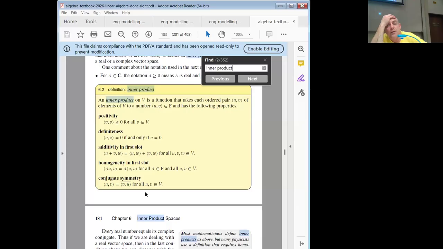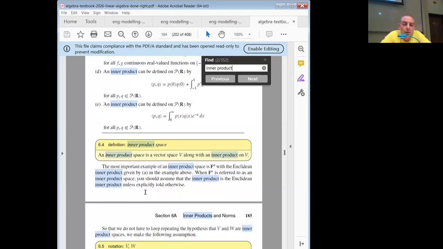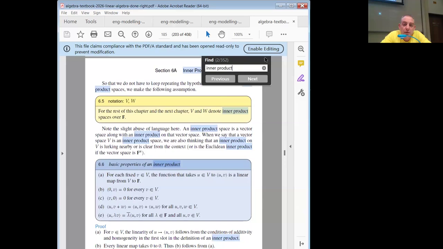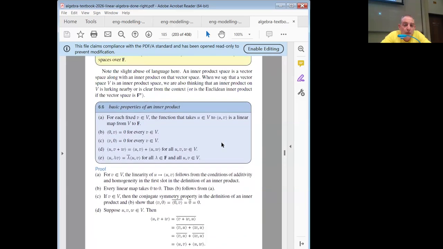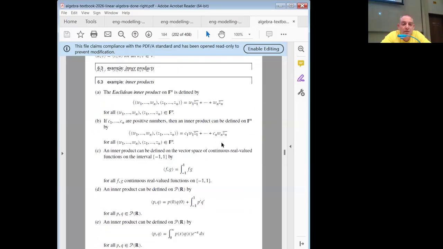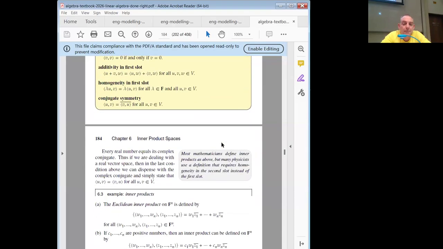So if your field is R, then it's just ordinary symmetry. In inner product space, it distresses me with the complex ones that pulling constants out of the first coordinate is different to pulling it out of the second coordinate. I'm distressed by this, but anyway.